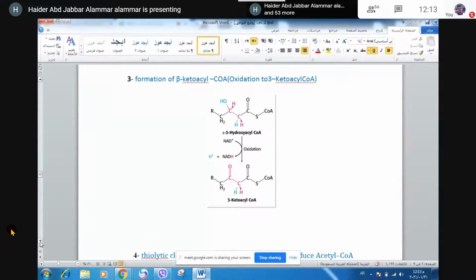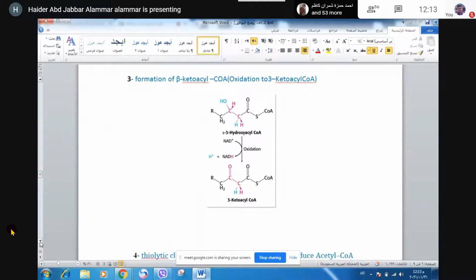So the beta hydroxyacyl coenzyme A is converted by the action of 3-hydroxyacyl coenzyme A dehydrogenase in the presence of the reducing equivalent NAD, not FAD. Here, as you look, NAD is converted to NADH, not to NADH2.